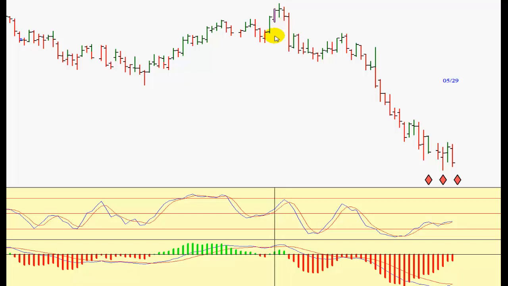There's nothing more frustrating than that. The best thing is don't try to sell the very top or buy the very bottom, okay? But in this case, we let the market prove itself. So when it made that top, and we said, okay, that looks good, it's at resistance and so forth, we looked for it to rally back up again and to form a lower swing top before getting in, and that happened right here.